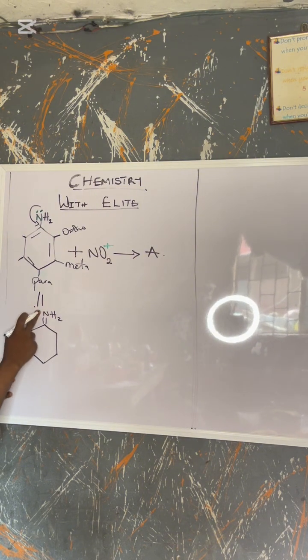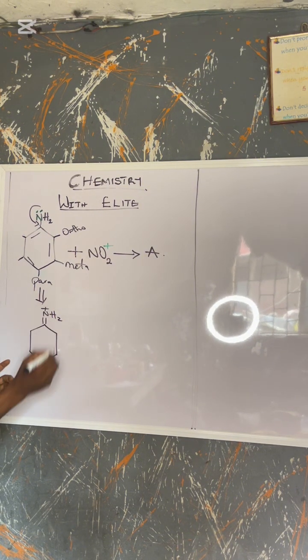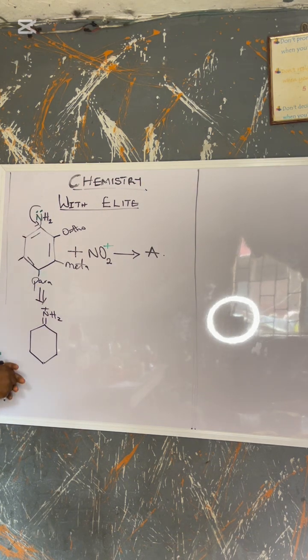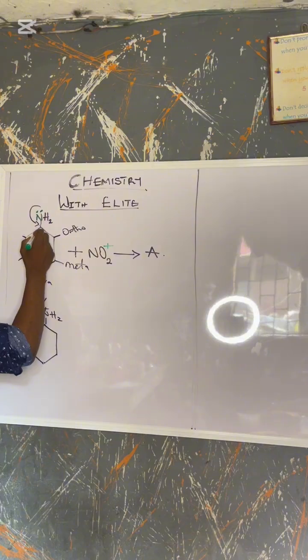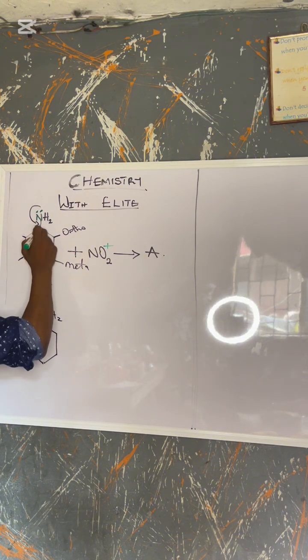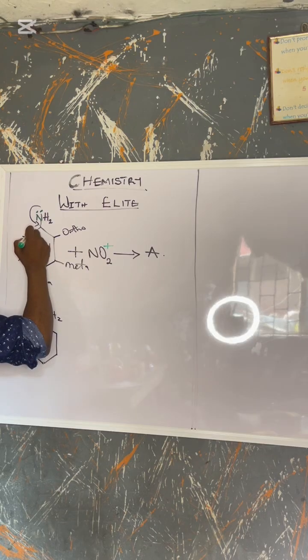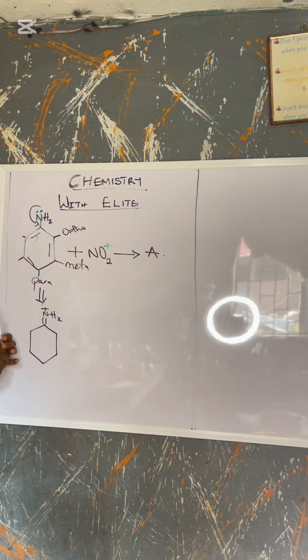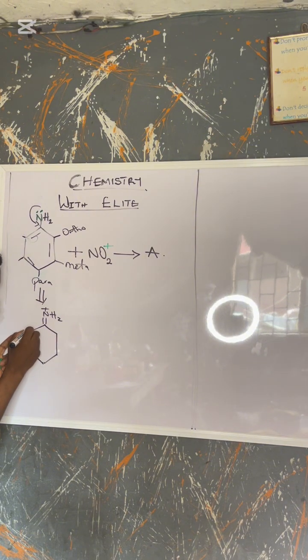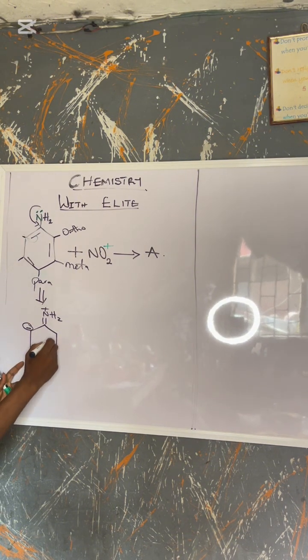Since this gives out an electron, it's going to be positively charged. Now, this is giving this group an electron. Automatically, this one will actually move, because that's resonance. So this will move to this carbon. Once it moves to this carbon, this carbon automatically becomes negatively charged.